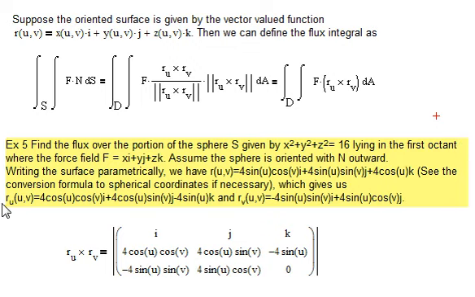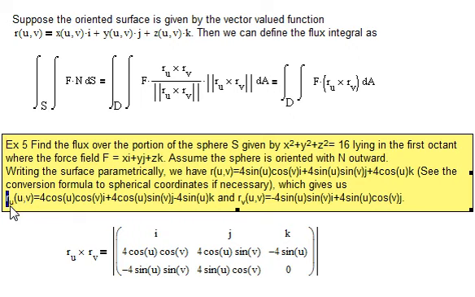So anyway, that gives us the partial derivative of r with respect to u. 4 cosine v would just be a constant, and the derivative of sine is cosine, so we get 4 cosine u cosine v i.